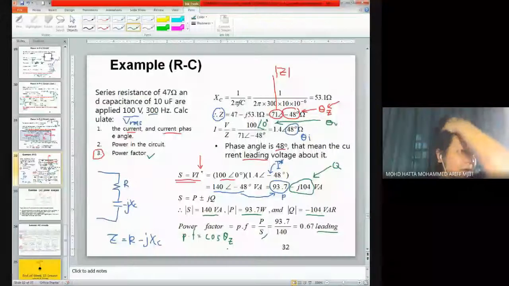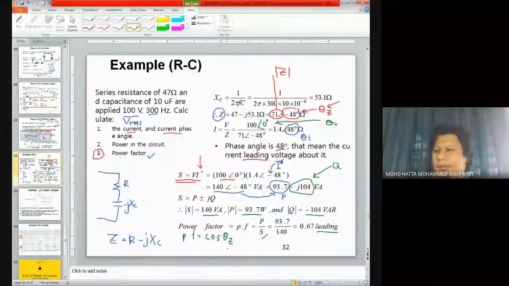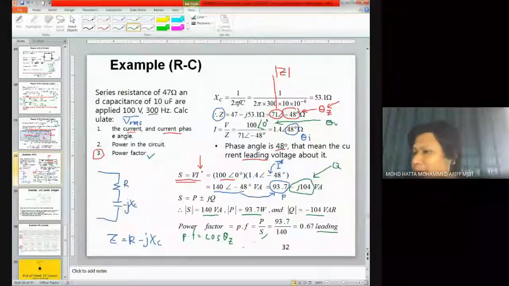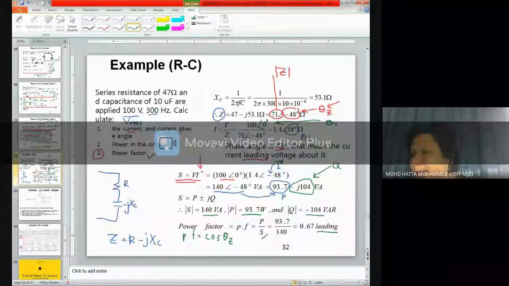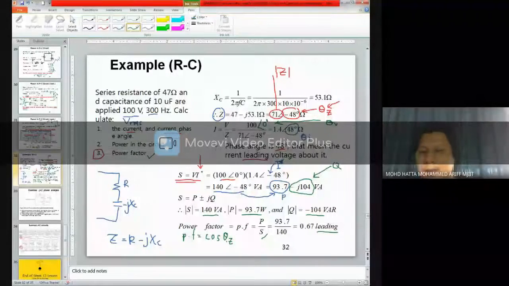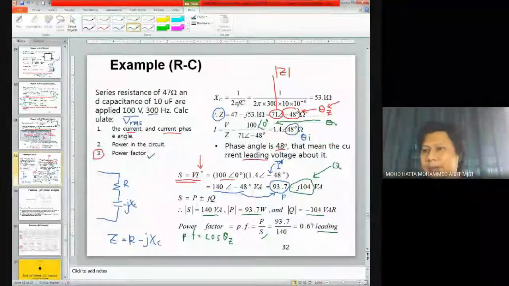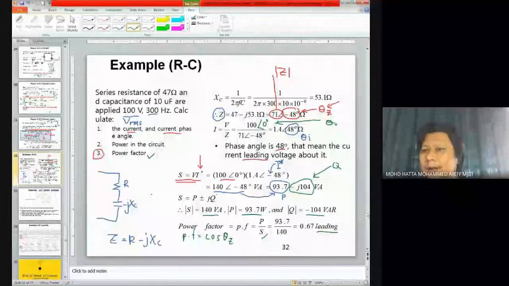And for the characteristic, you just put it as leading power factor. So you can use either way. Maybe some of you prefer this one, or maybe prefer using this formula. Both will give you the same answer. All right, that's for the example of an RC circuit.